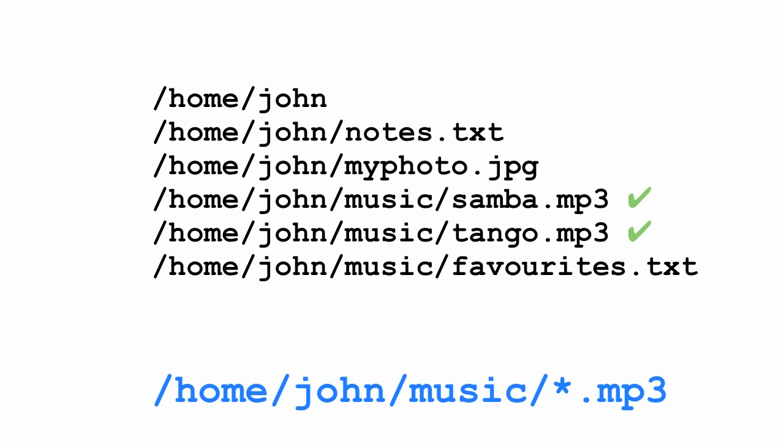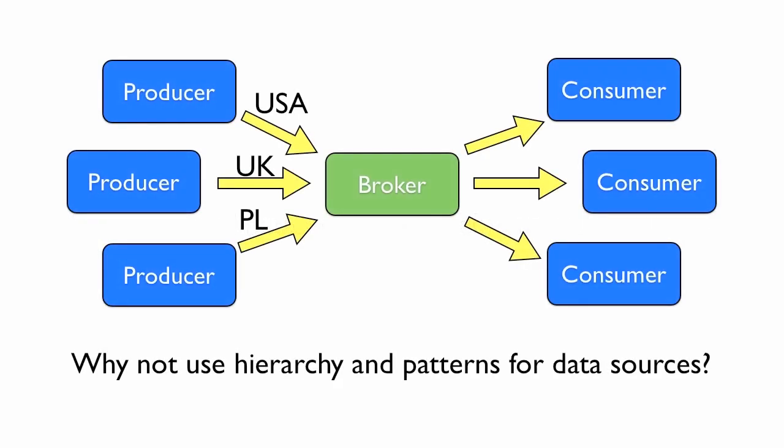In other words, we have used the combination of hierarchy and pattern matching to get a very flexible name selection scheme. It is possible to use a similar approach in the message broker. Let's see how it works in practice.